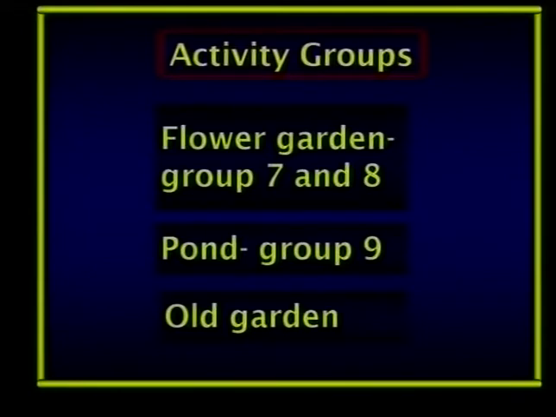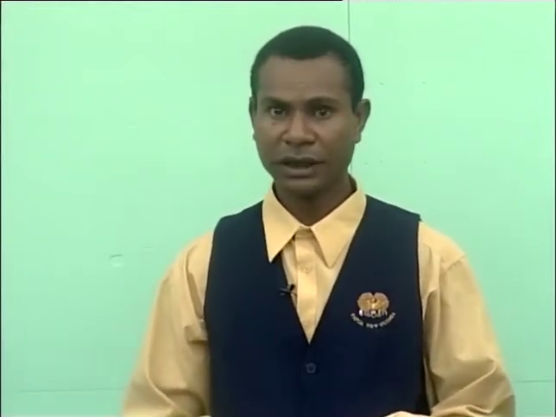This is what you're going to do in your activity today. On the habitats that you worked on, group 1 and 2 on river, you will go together. 3 and 4, you do the same. 5 and 6, you go together.